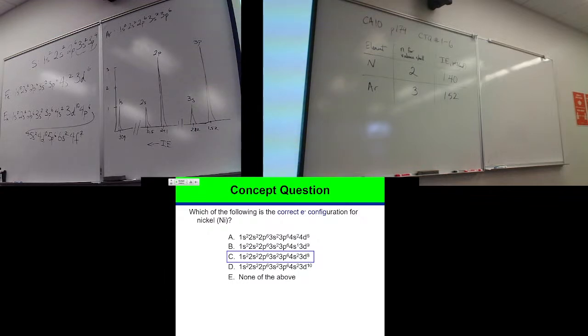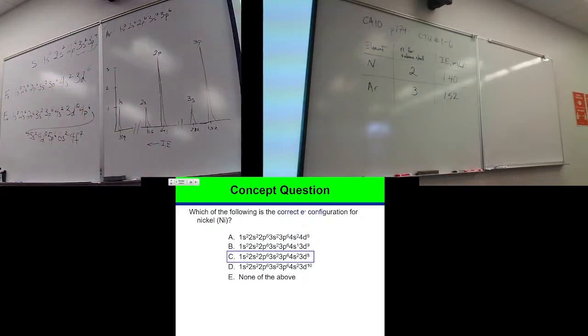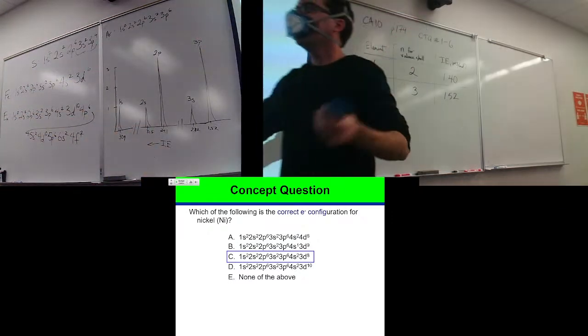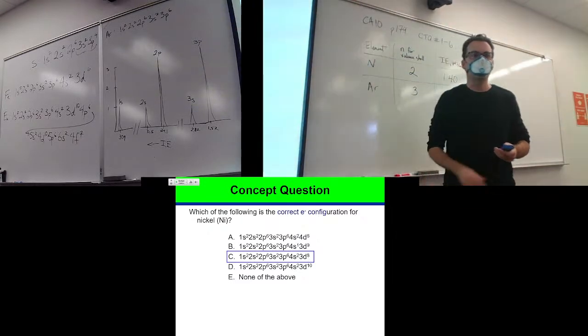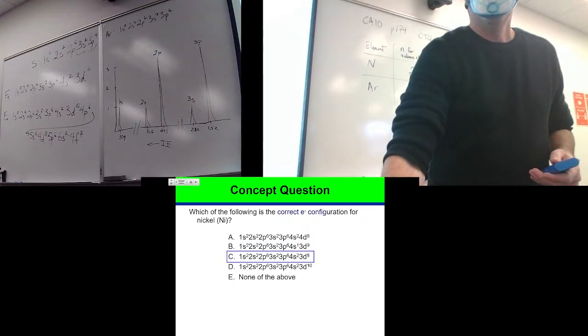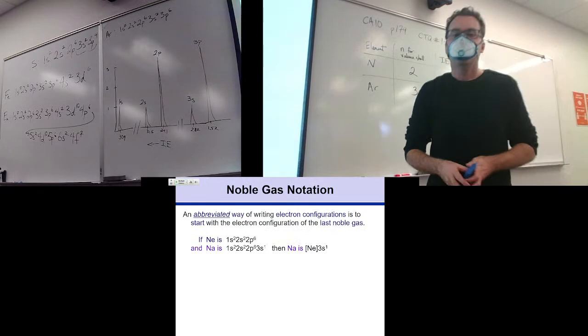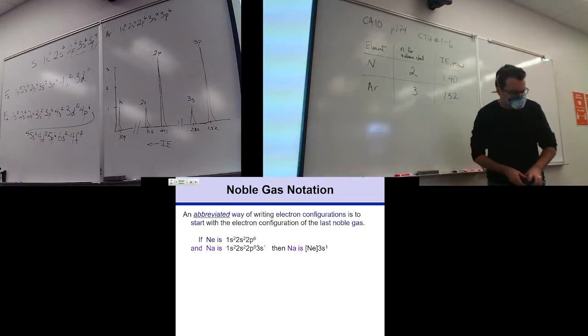So 4s2, 3d8. Now, there's going to be some exceptions. We'll come to the exceptions another day. There's always things that don't fit the rule that we just learned. But in general, that rule works really well, okay? You'll still see problems like this again.